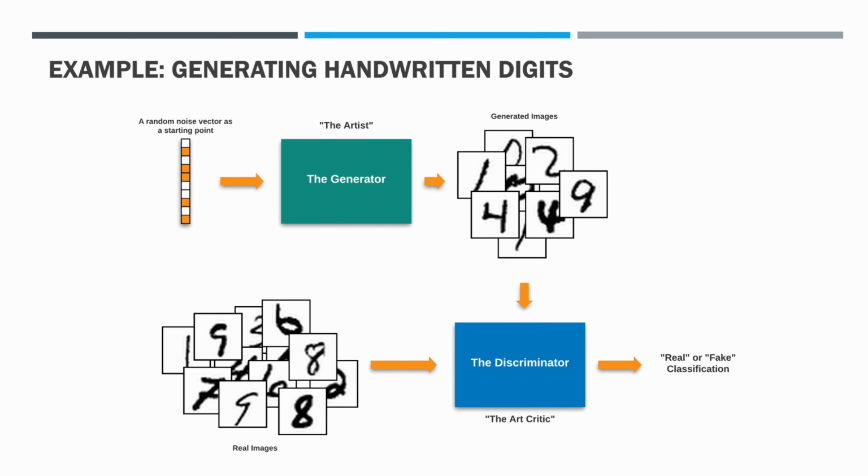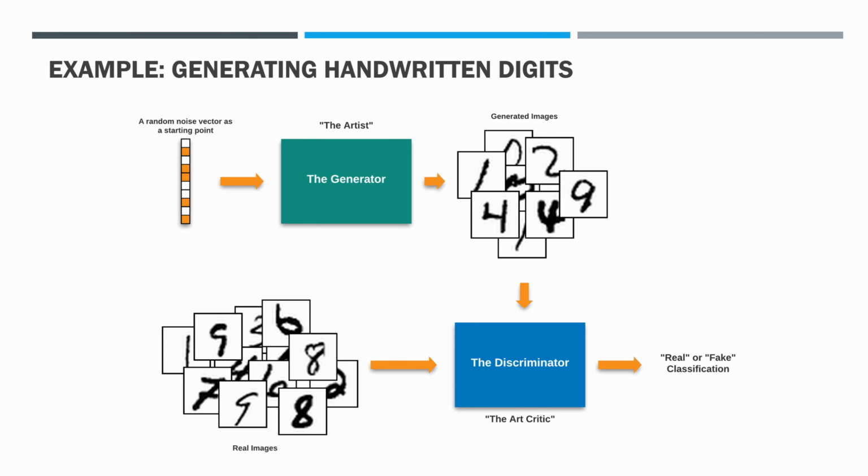Let's take an example of a GAN. Let's say we want to generate a set of images resembling handwritten digits. So we need to start with a training set that is used by the discriminator to learn about actual, real-world examples of handwritten digits.